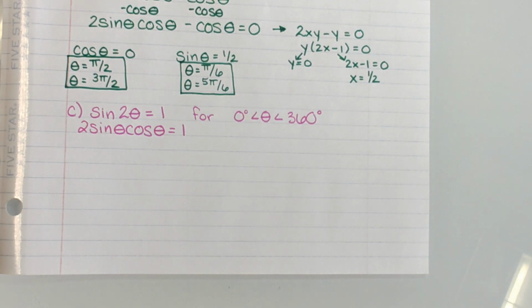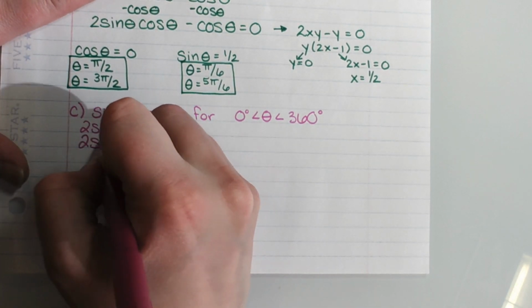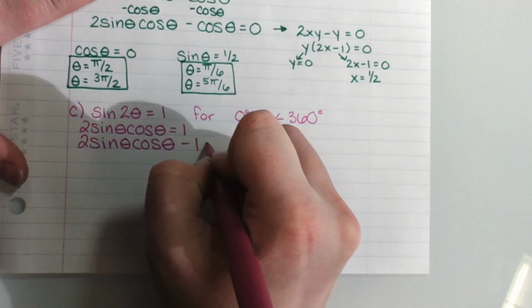How do we solve that? Get it equal to 0, okay. Subtract the 1. 2 sine theta cosine theta minus 1 is equal to 0.